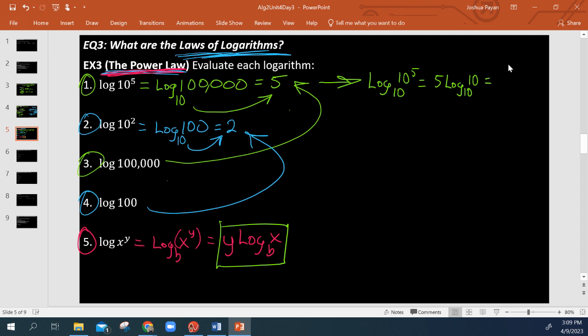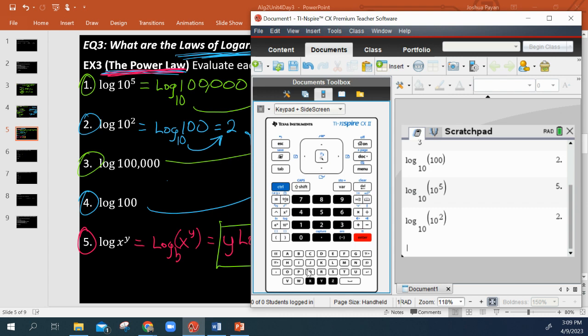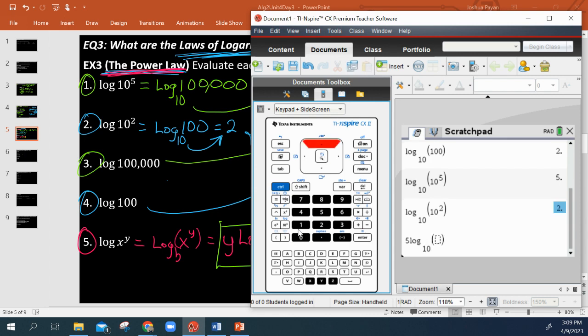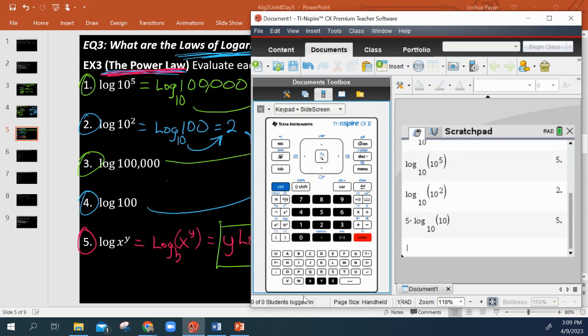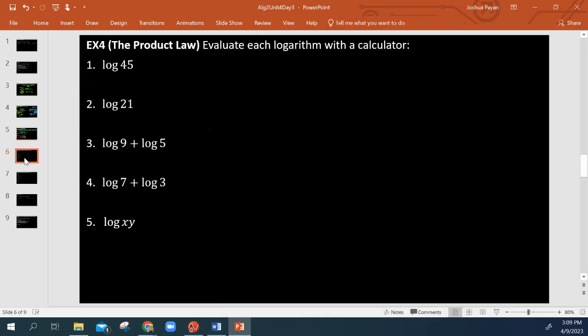Well, 1. And 5 times 1 still is 5. If I throw it in the calculator that way, 5 times log base 10 of 10 to the first power, I get the exact same thing as when I left it as 10 to the fifth power. So that's the power law.